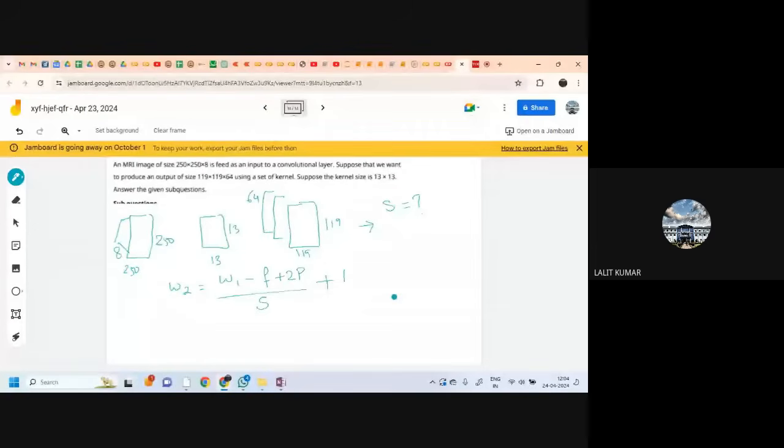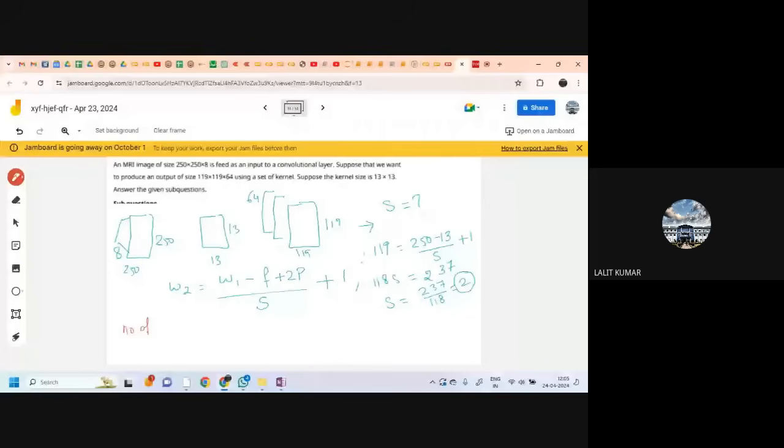Therefore, 119 equals (250 minus 13) divided by S plus 1, so 118 S equals 237, and S is equal to 2.